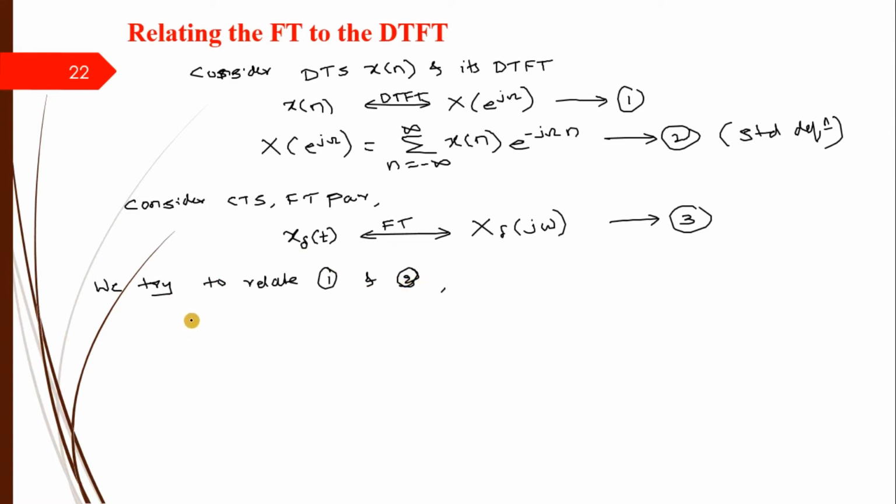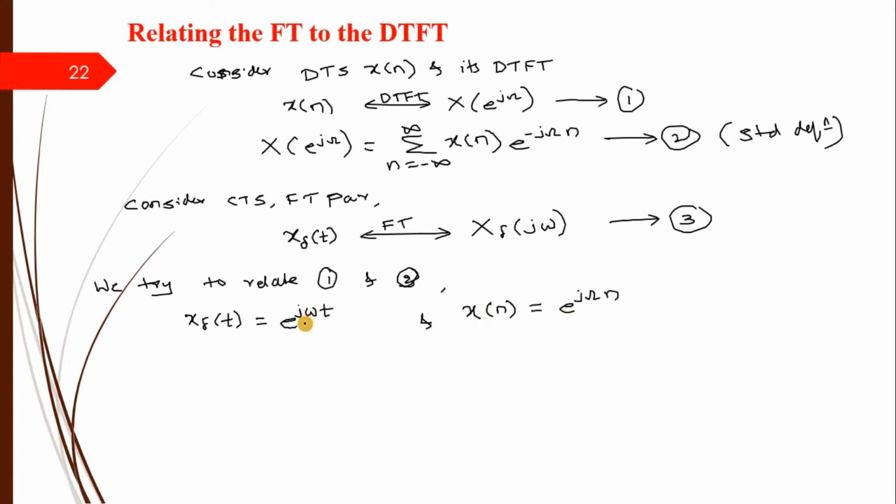So x delta of t is a complex sinusoid which can be represented as e raised to j omega t, whereas x of n is e raised to j omega n. Whatever signal representation we do in Fourier, what Fourier says is any signal can be represented using complex sinusoids.